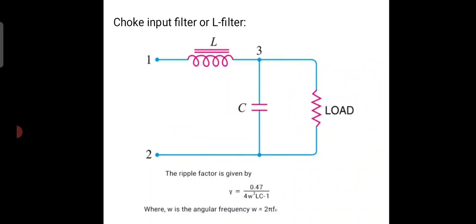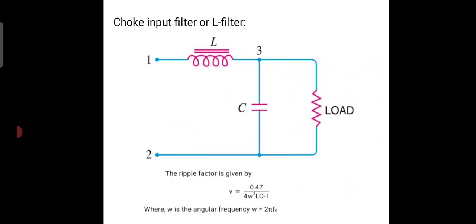At the points 1 and 2 there will be a connection of the rectifier output, which acts as an input for the filtering circuit. It consists of a choke or inductor known as L, connected in series with the capacitor across a load resistance.